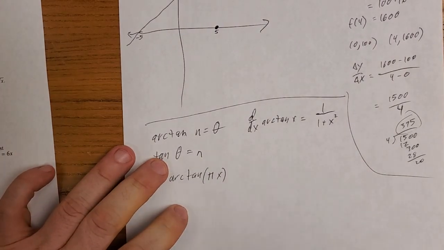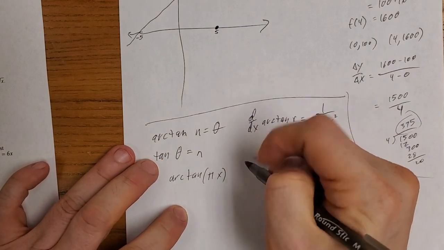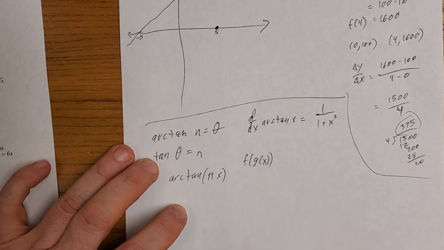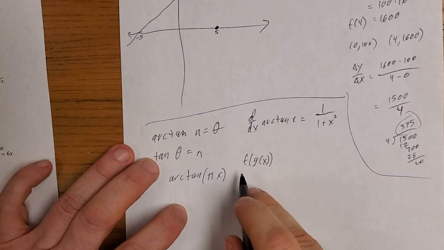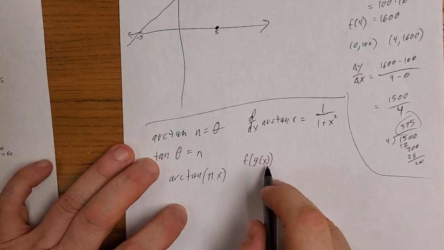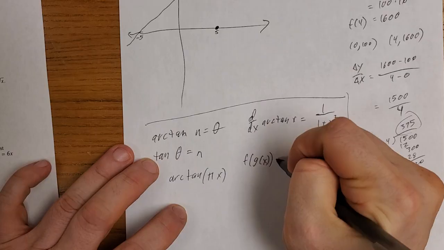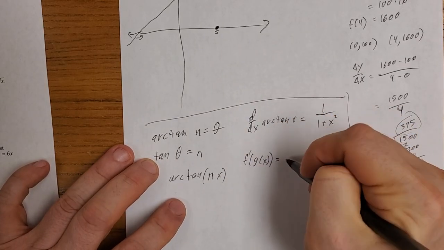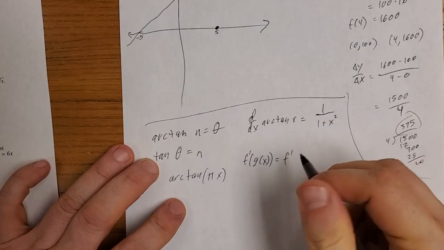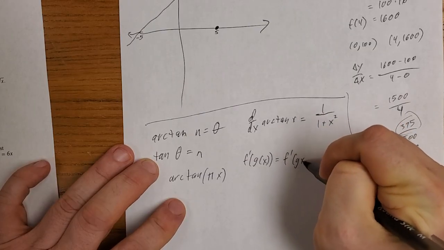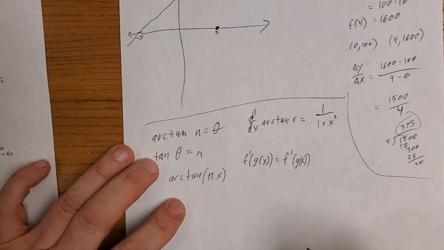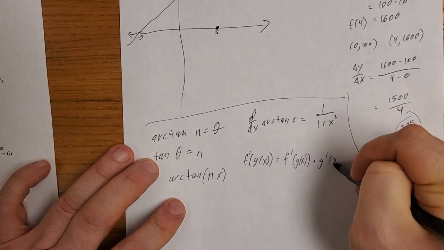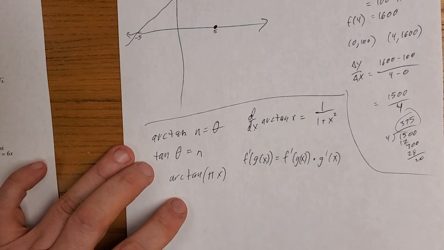So again, the chain rule, which you definitely do need to memorize: composite function f of g of x, the derivative of that equals the derivative of f as a function of g of x times the derivative of g of x.